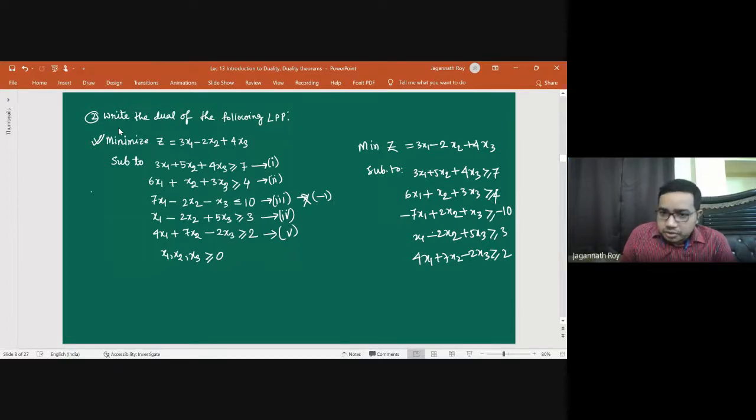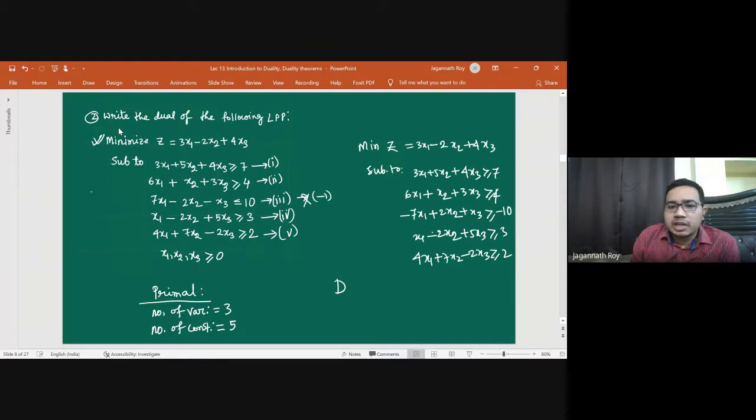Now we have 5 constraints and 3 variables. So let us fix the primal. If this is the primal, the first task: the number of variables is 3 here, and the number of constraints is 5.